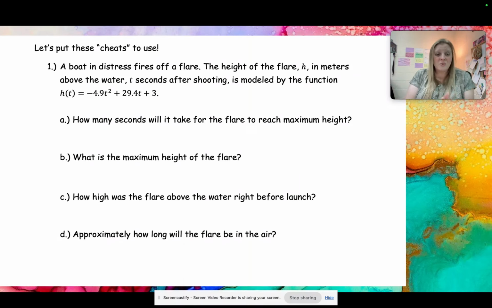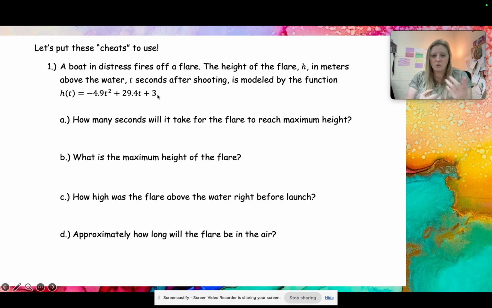All right, so scenario 1, we have a boat that's in distress, so it fires off a flare. The height of the flare is called H, and that height is in terms of meters. That height is dependent on how many seconds go by, and we're going to use T for seconds. So that function can be modeled as such.